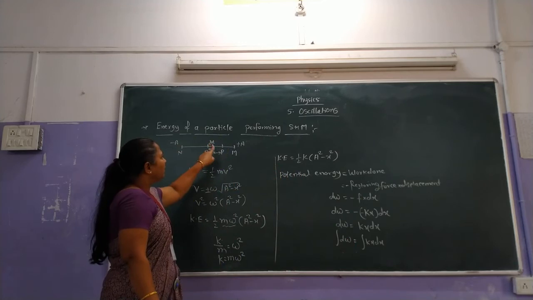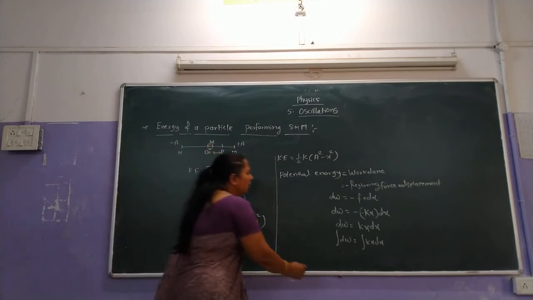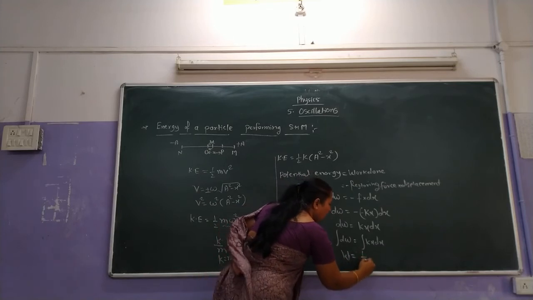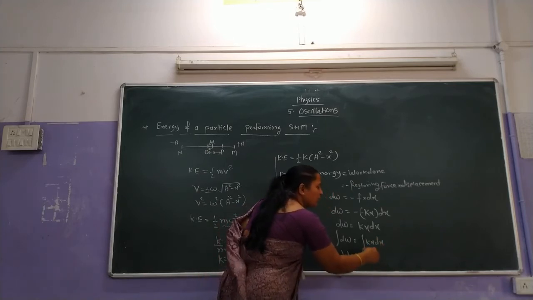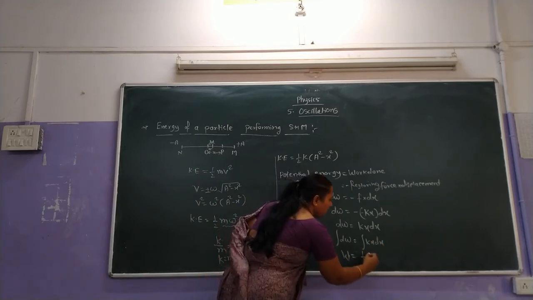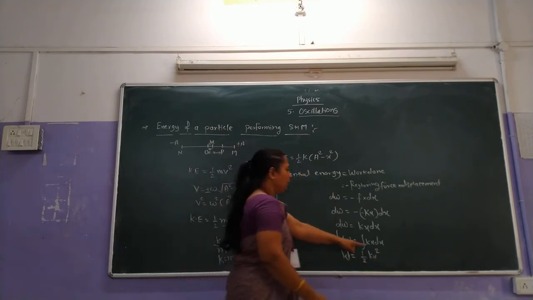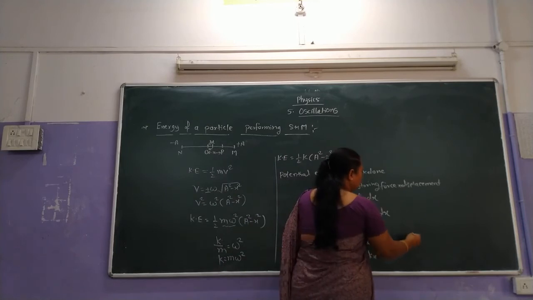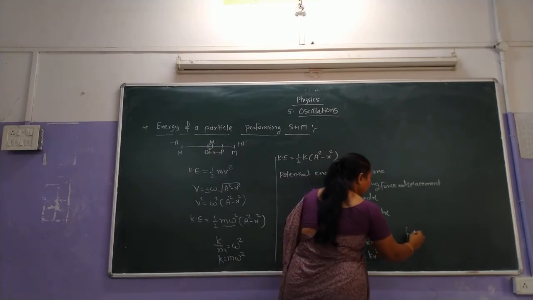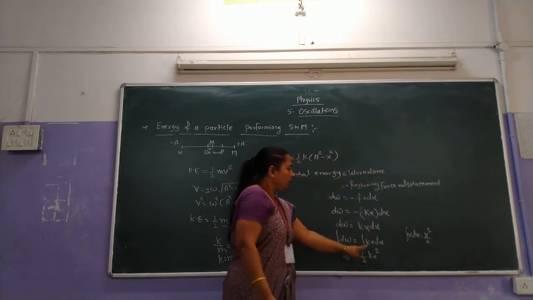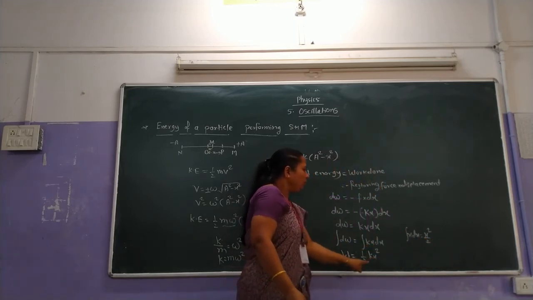Using the formula, the integration of x dx is equal to x square upon 2.